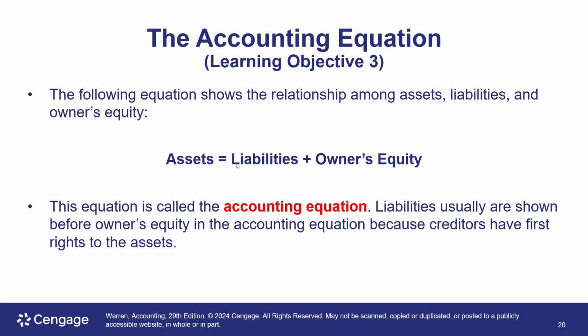Liabilities are the things that we owe. Accounts payable, maybe wages payable that have been earned but not yet paid. Credit cards, things like that. These are our liabilities, things that we owe. And then we have owner's equity. Owner's equity is the rights of the owners.